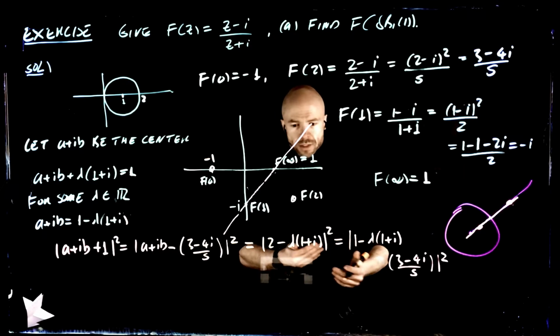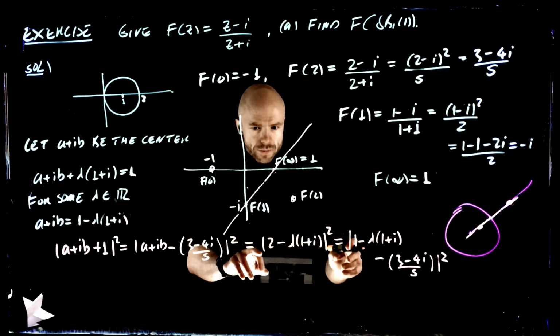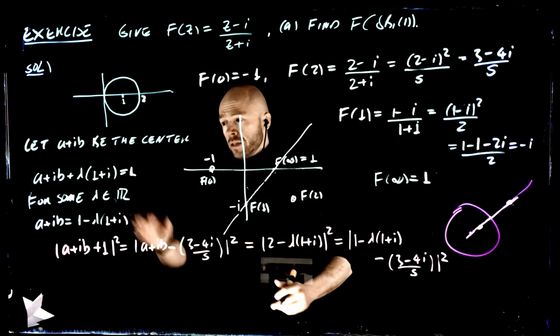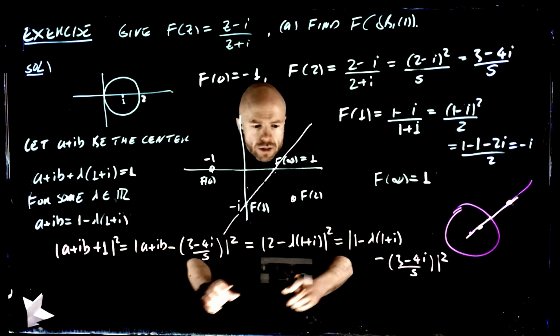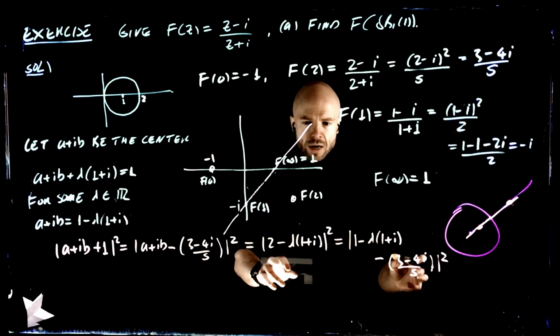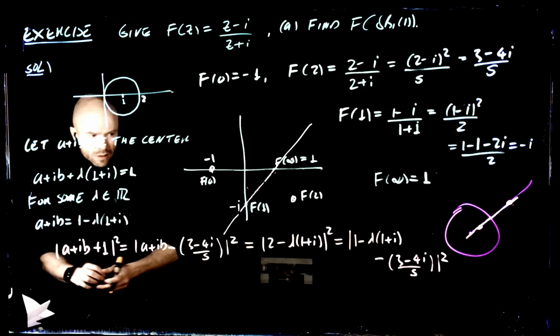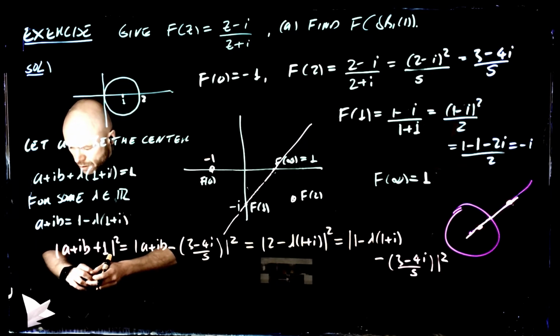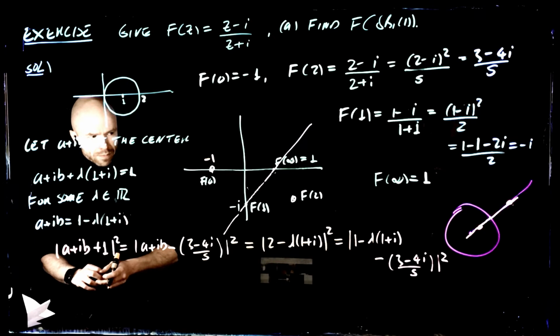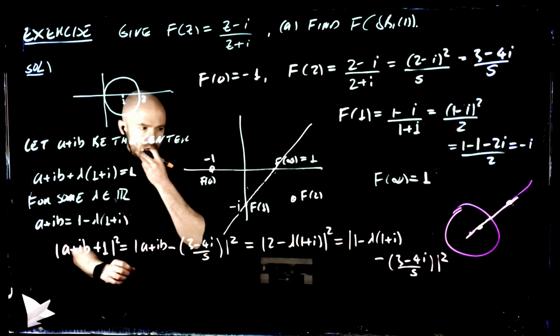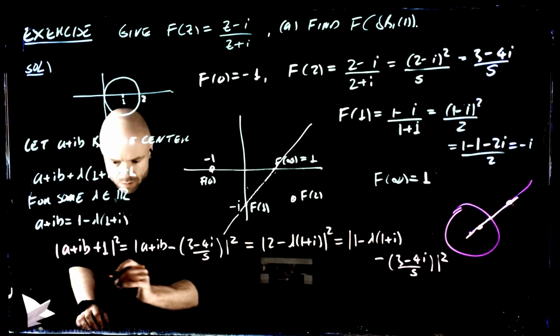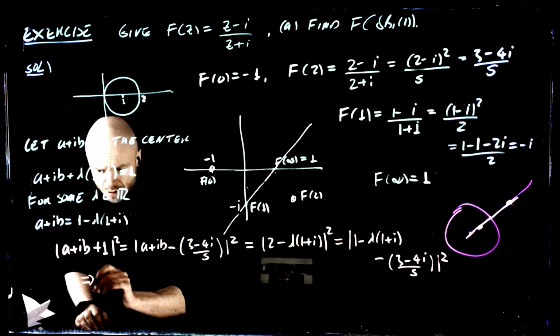Okay, so this has to be true, right? Because they're on the circle, and the center of the circle we can represent like this. So this gives us an equation just in one lambda, and then we are able to solve this for lambda. And I want to make sure I do not make errors, because this was really bad when I made errors previously in working them out.